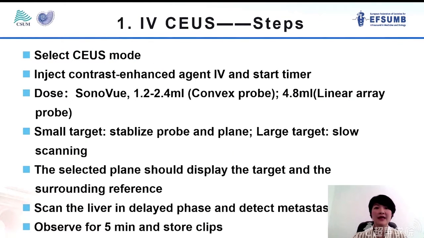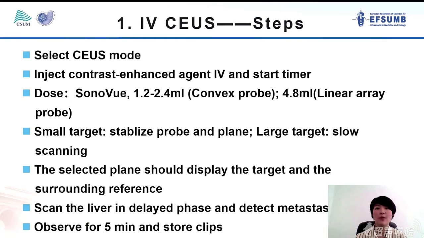The detailed steps of intravenous CEUS are listed as follows. Select the proper CEUS mode, inject the contrast-enhanced agent and start timing. 1.2 to 2.4 ml of SonoVue was injected for a convex probe and 4.8 ml for a linear array probe.